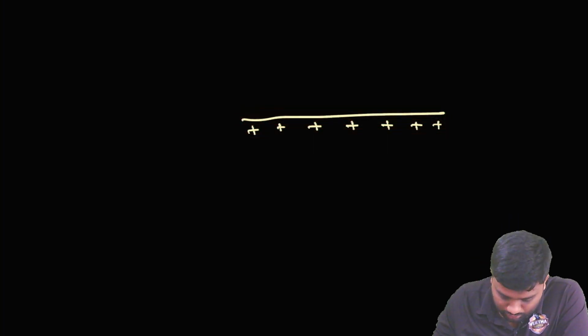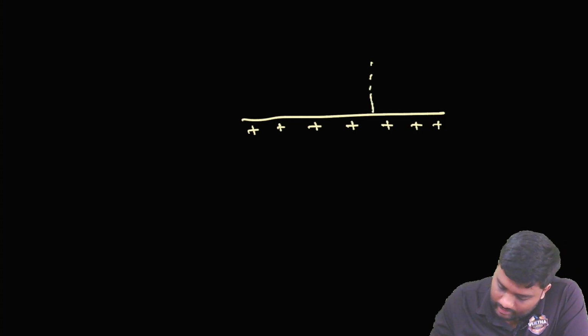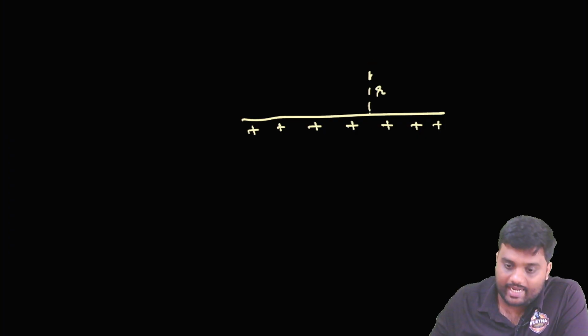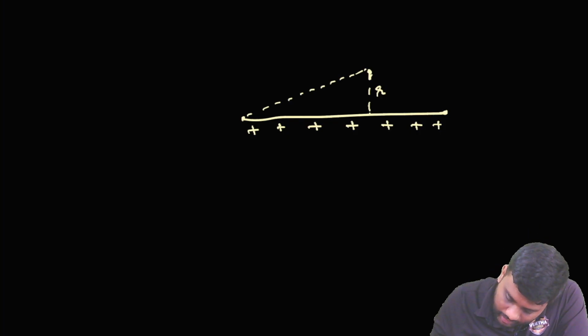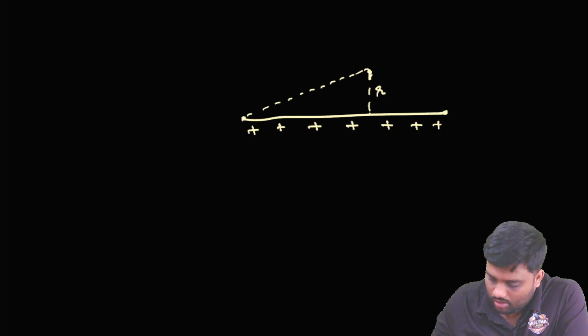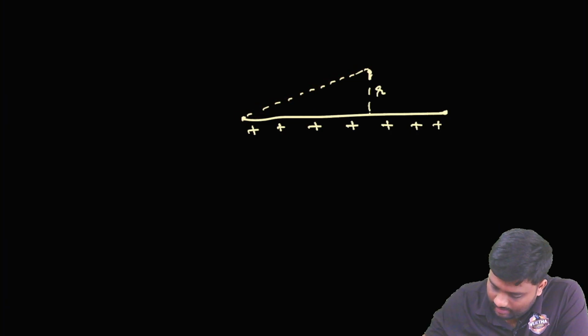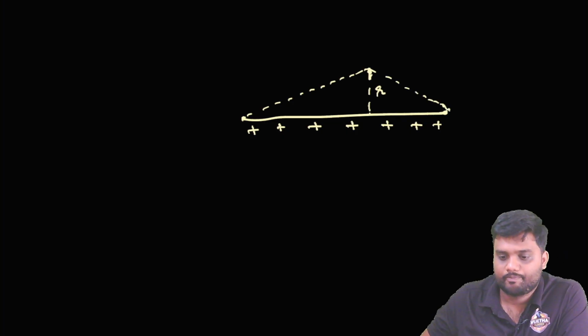At some perpendicular distance, if you want to find the electric field, draw one line from this end point and another line from the other end point, touching the ends of the wire.